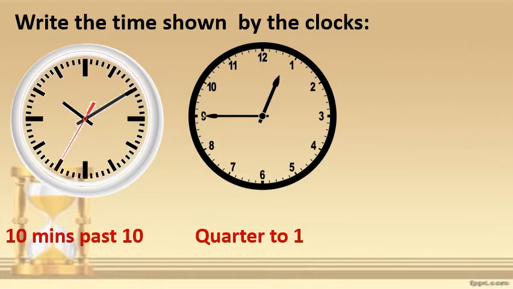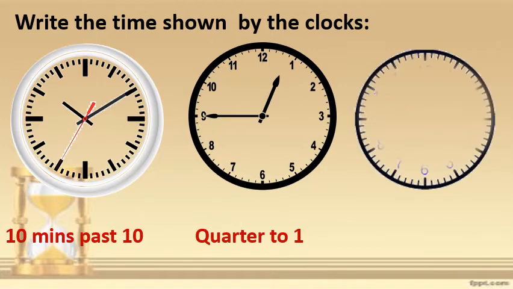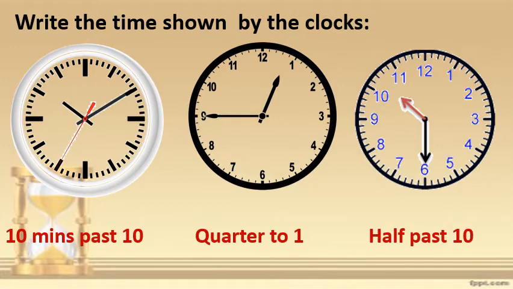Quarter means 15 minutes to 1. Next, this is half past 10, isn't it? Because the minute hand is on 6, that is 30 minutes past 10 is nothing but half past 10.